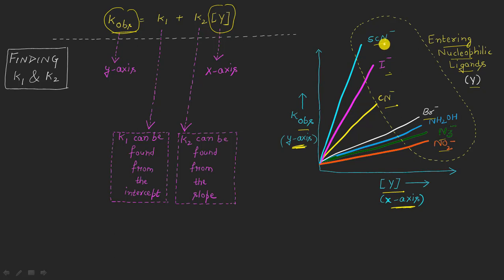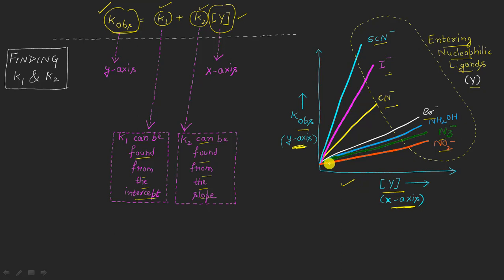Now why are we discussing this graph here? Because we will know the value of K observed experimentally as well as the concentration of Y. So from this graph we can always calculate the values of K1 as well as K2, right? And how can we do that? From the mathematical equations, we can say that the K1 value can be found from the intercept, and the K2 value can be found from the slope of this graph.